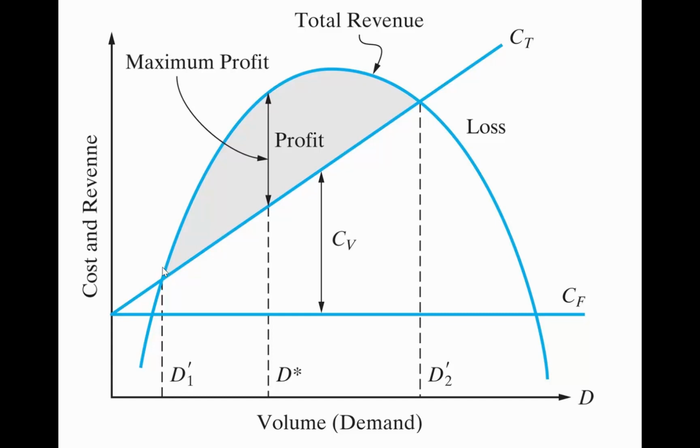And look at how those 2 curves are getting further apart as we go along the horizontal axis. At this level of demand, they're pretty far apart. And this is where they're the most far apart. It happens to be where those 2 curves are parallel to each other. Do you notice that graphically? The slope of the revenue curve is equal to the slope of the total cost curve at this point.